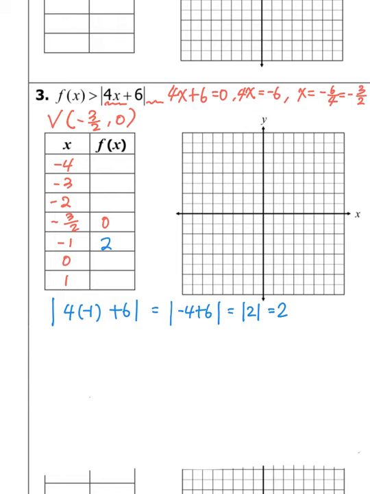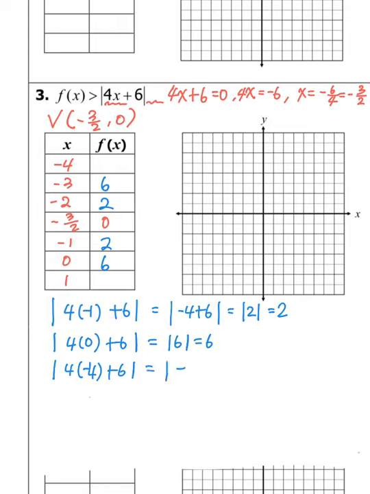And if you plug in negative 2, you will have 2 as well. And plug in 0 plus 6. This will give us 6. And when you plug in negative 3, it will be 6 as well. What if we plug in negative 4? That will give us negative 16 plus 6, which is negative 10, becoming 10. So this will be 10, and the other side will be 10 as well.